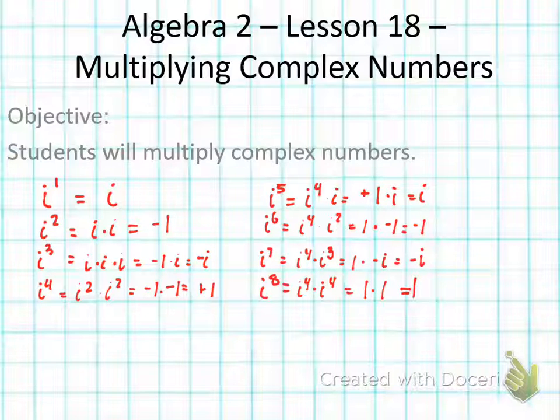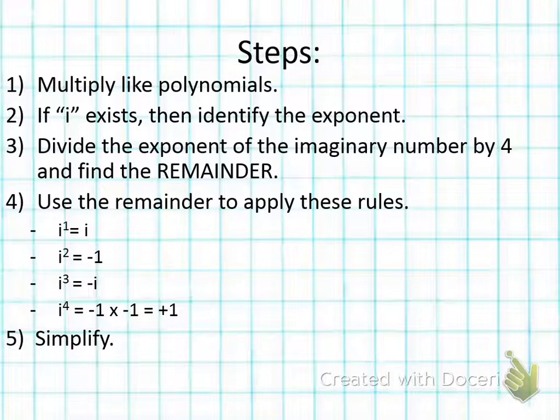Okay, so what happens if I get a big number like i to the 29th? Or i to the 11th? Okay, so look at the steps here. Look at step 3. Divide the exponent of the imaginary number by 4 and find the remainder.